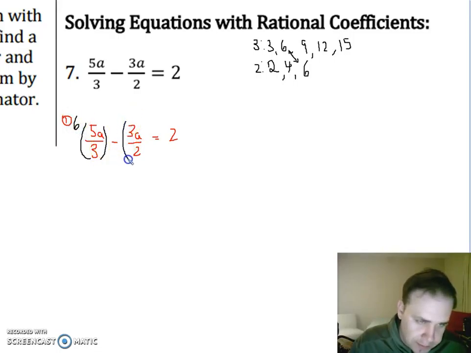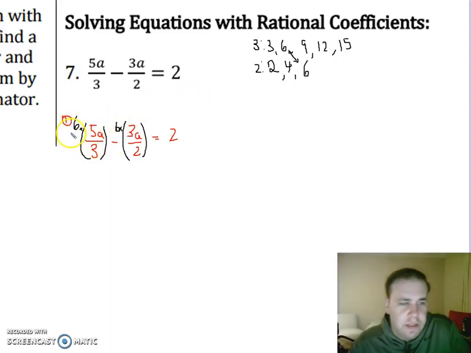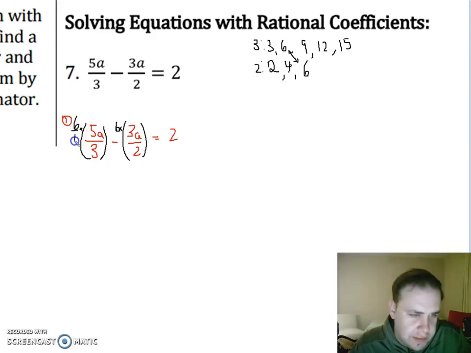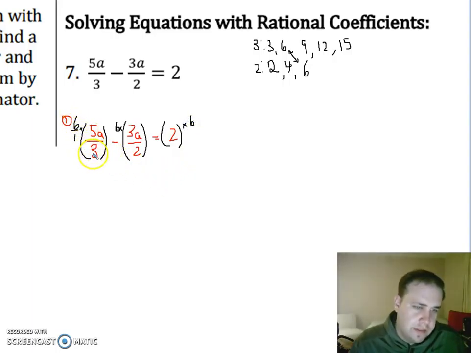So we're going to multiply this by 6, this by 6, and this by 6. How this works is this is really 6 over 1. We'll multiply here by the whole number.